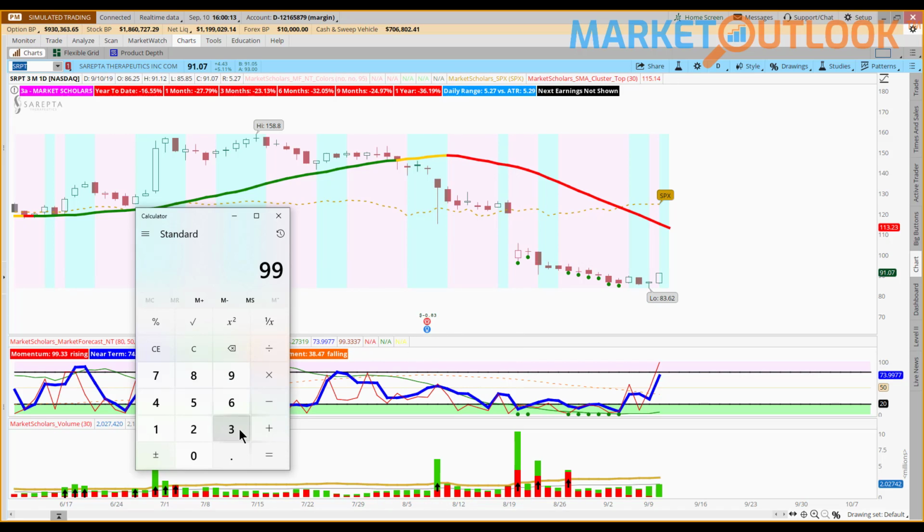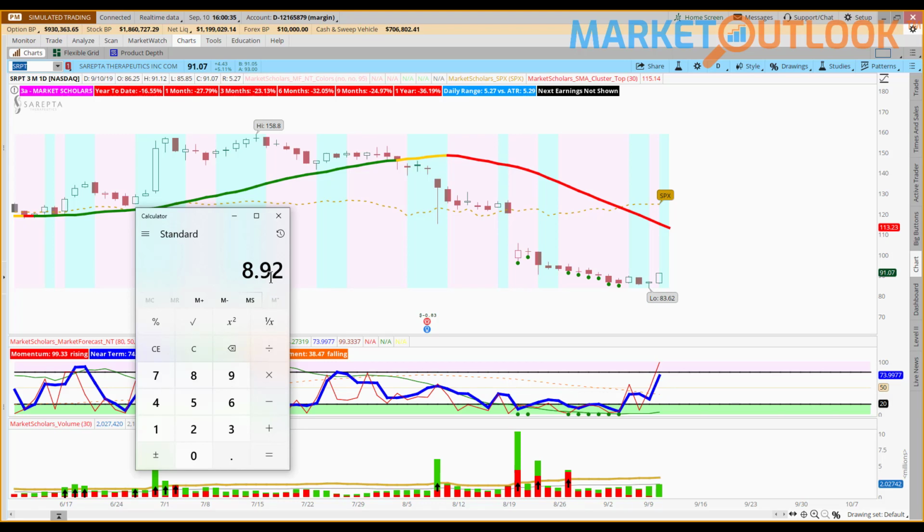So if I take $99.99 and subtract out where the current price is at, which is $91.07, that means that we have a difference and a risk per share of $8.92 per share if we practice that one-for-one reward-risk mentality, which we will.